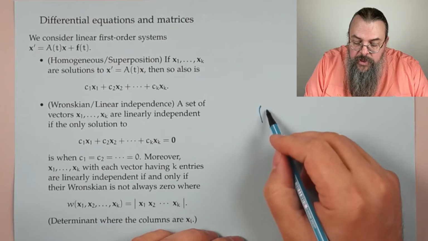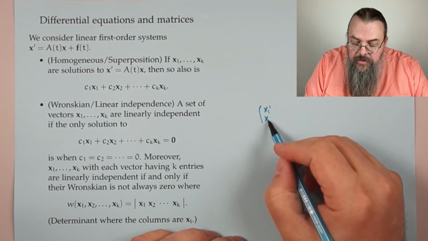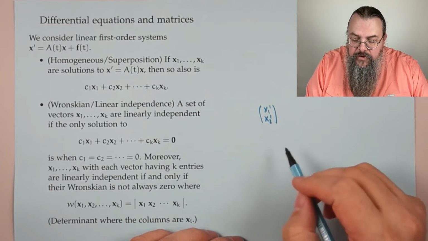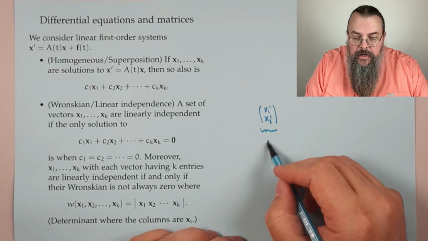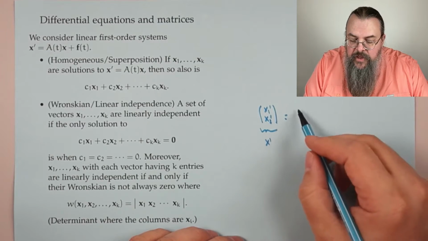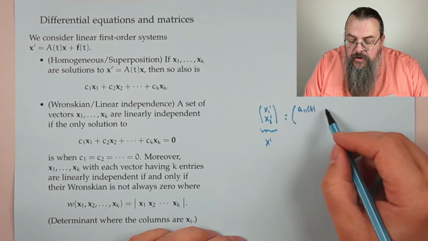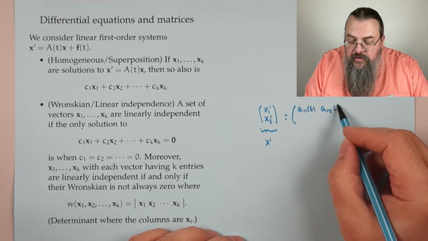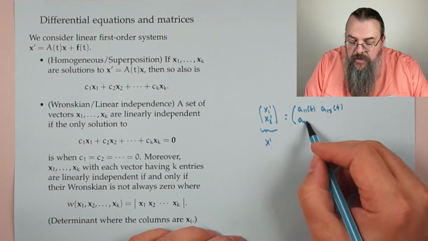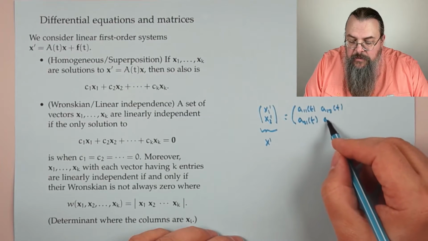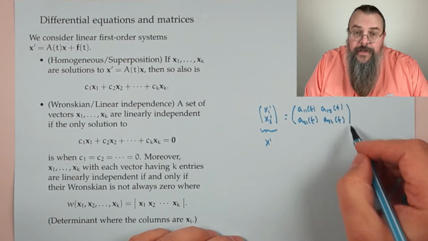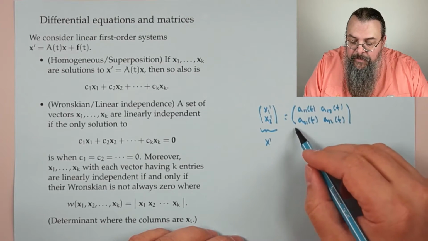We could have written this a little bit larger, x1 prime, x2 prime, and this is what we call our x prime. It's equal to A of t, and these are our coefficients in our system, and these can be functions of t, but of course, we'll see, the simpler you make things, the better.